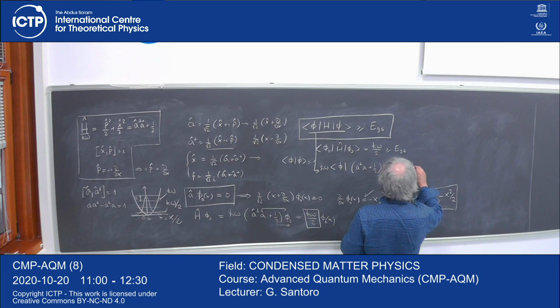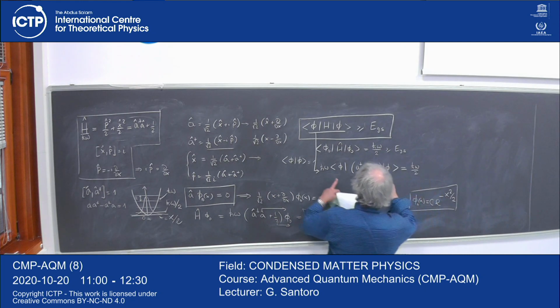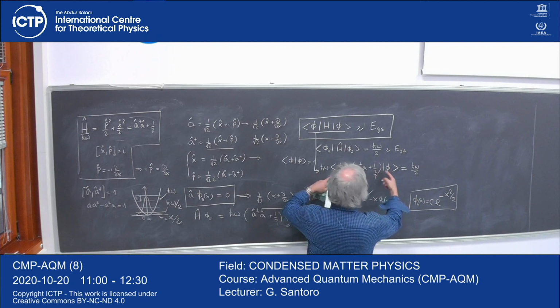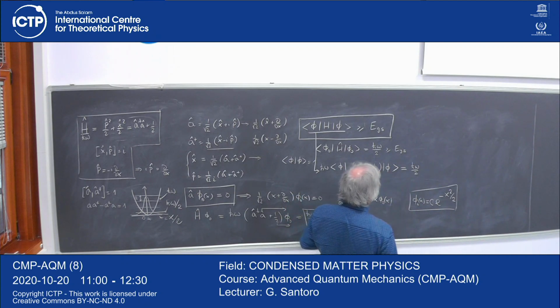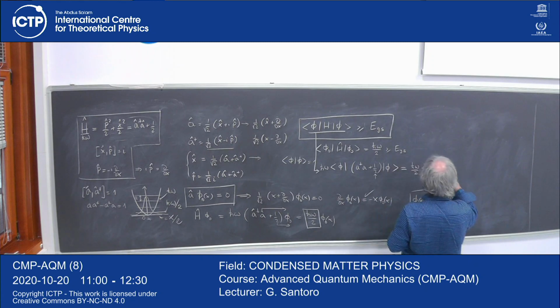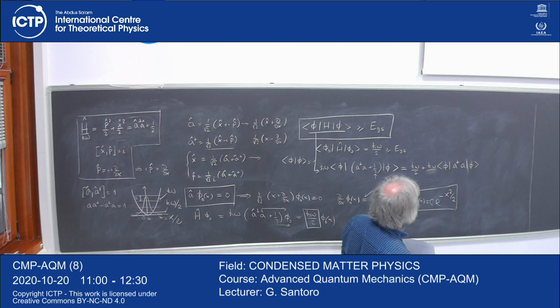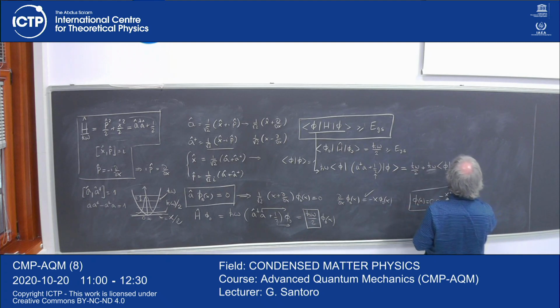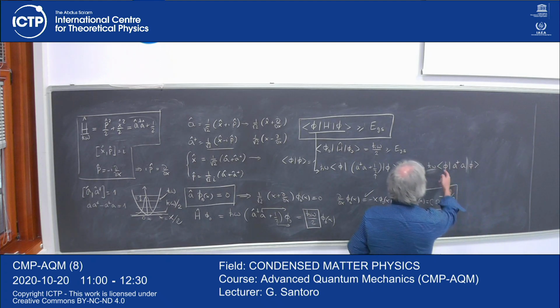So it is equal to h bar omega over 2, which comes from this term, 1/2 times that, and then phi with phi is 1. Plus h bar omega times phi, a dagger a, phi. Again, I could use the notation in which I put the bra-ket or not. Never mind. These are two operators acting on phi, and then I take the scalar product with that.